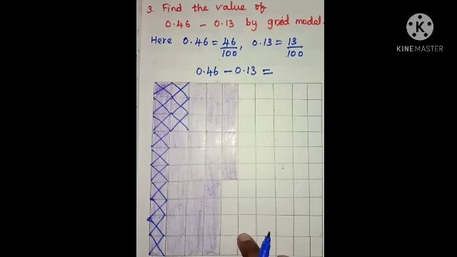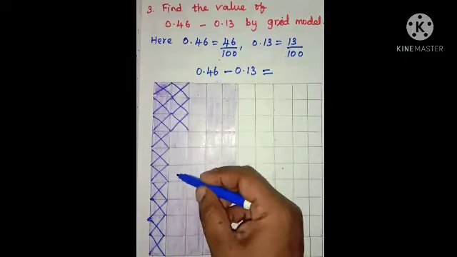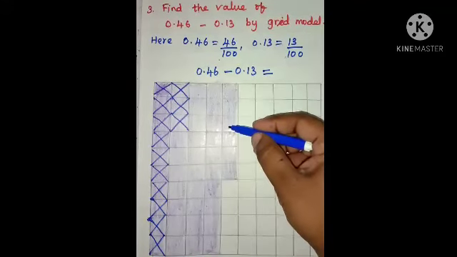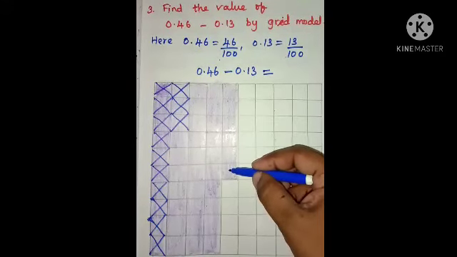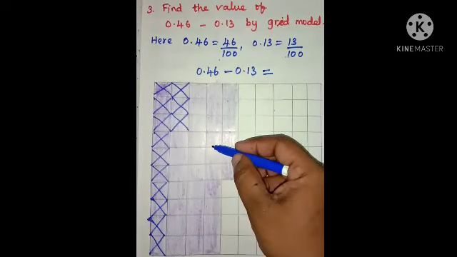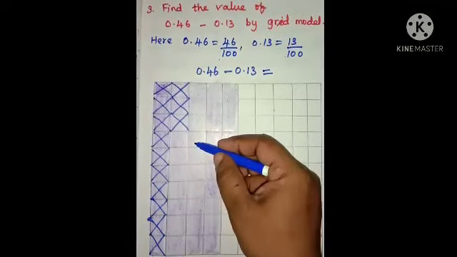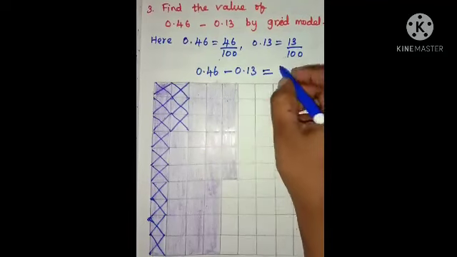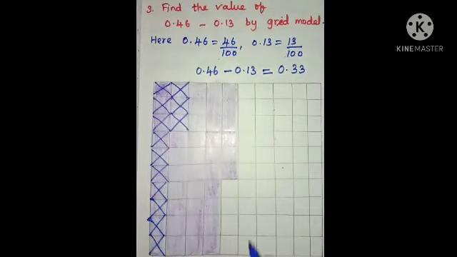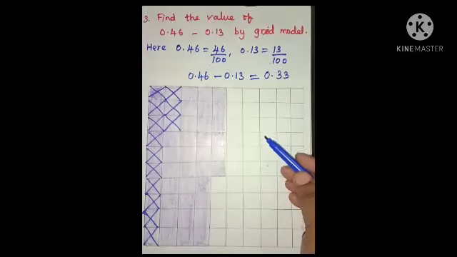We have to count them. 1, 2, 3, 4, 5, 6, 7, 8, 9, 10, 11, 12, 13. 13 plus 10 is 23, 23 plus 10 is 33. So the answer is 0.33. 33 out of 100 can be written as 0.33.